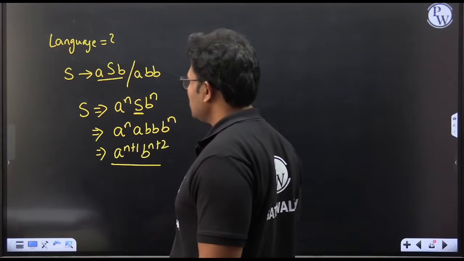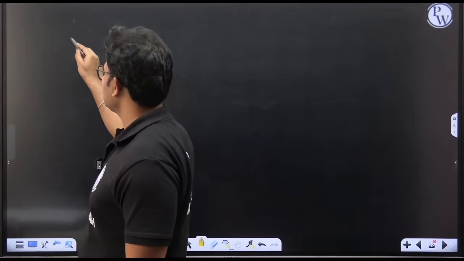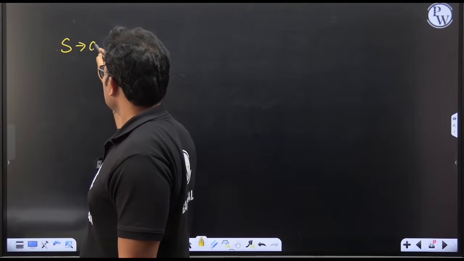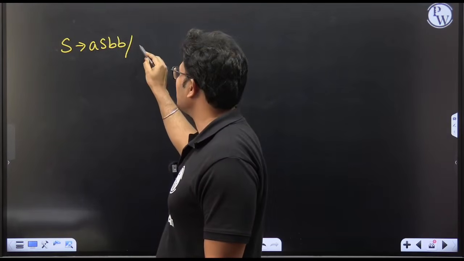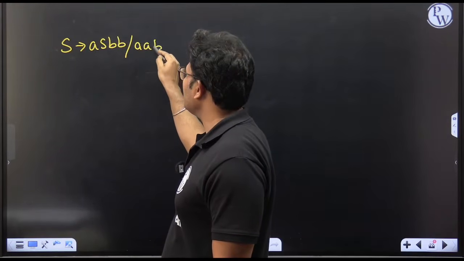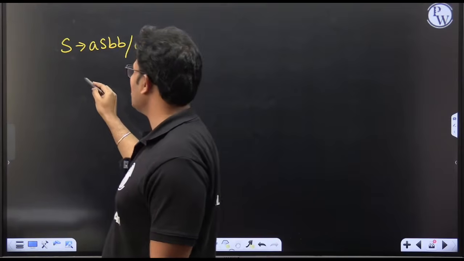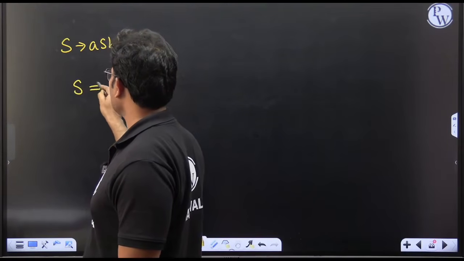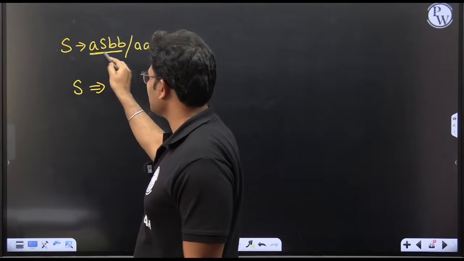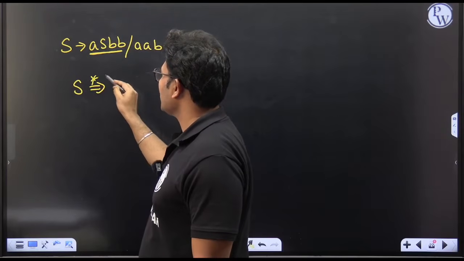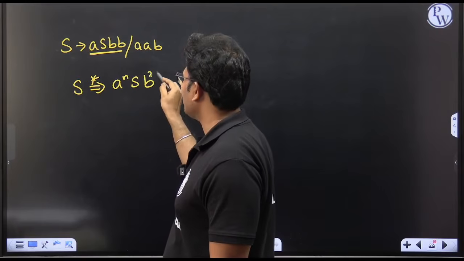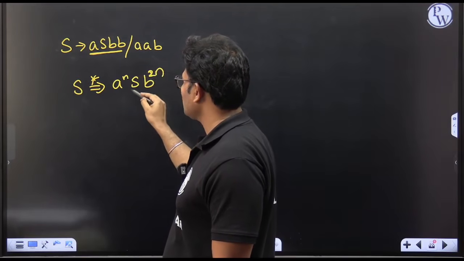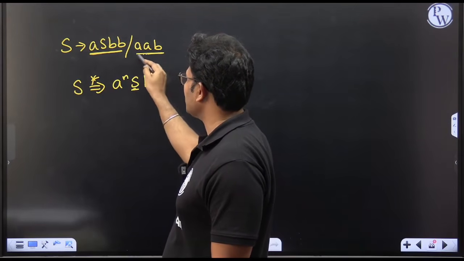Now if I give you this grammar, S derives aSbb or S derives aab. What is the language generated? If I go only by this production, S will derive a power n, S, b power 2n. Now in order to stop S, you have to use this production aab.